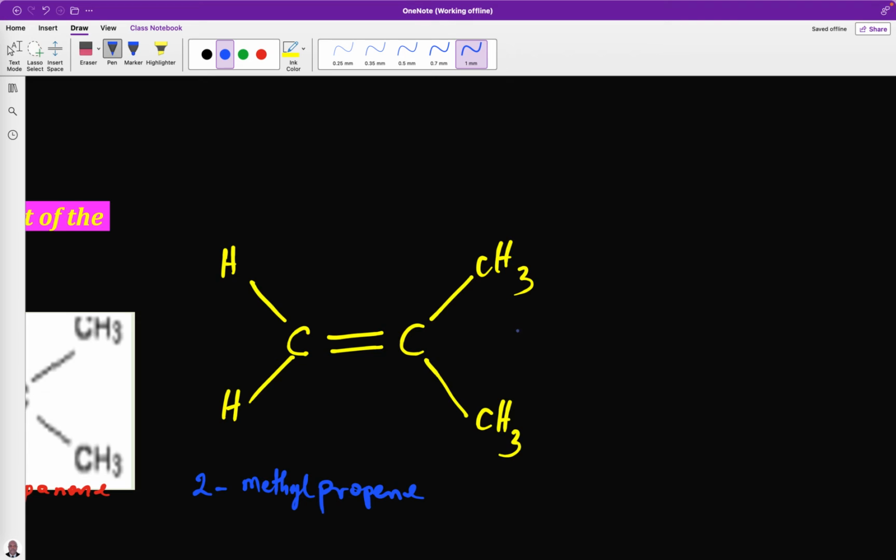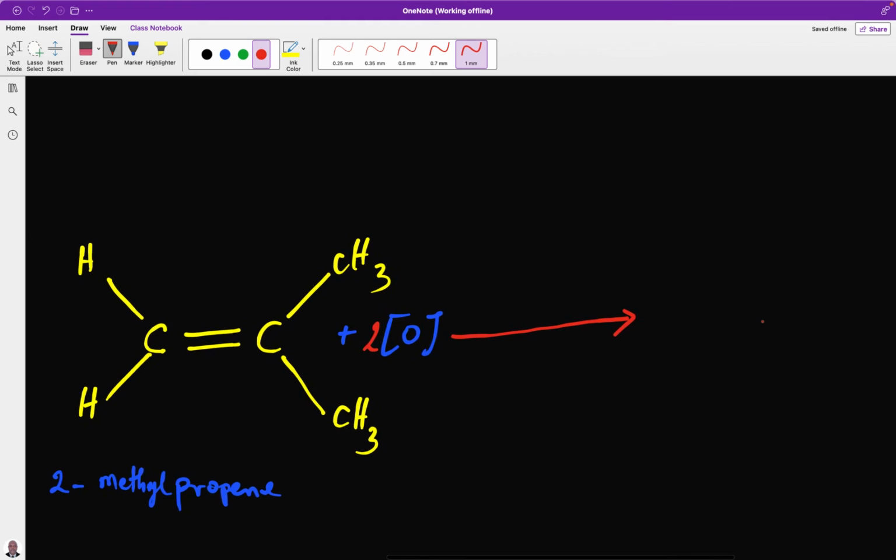When oxygen is added there, the oxygen is from the oxidizing agent. Let me say I am adding 2 atoms of oxygen under these harsh conditions.